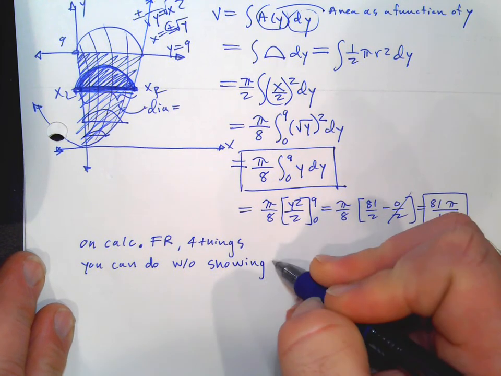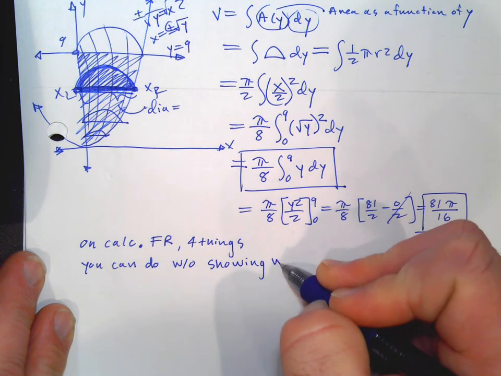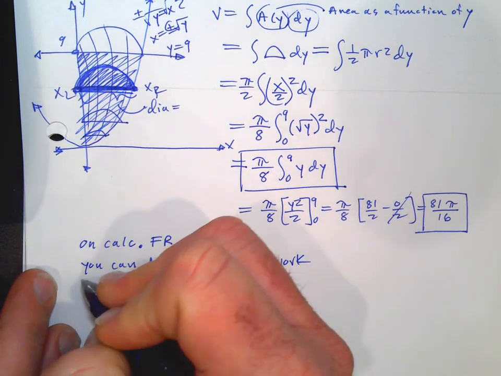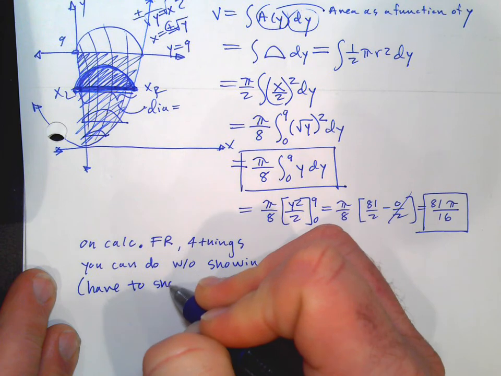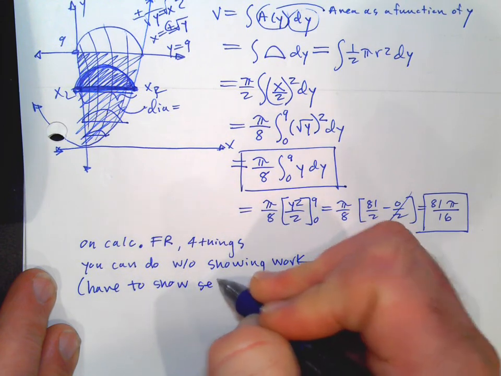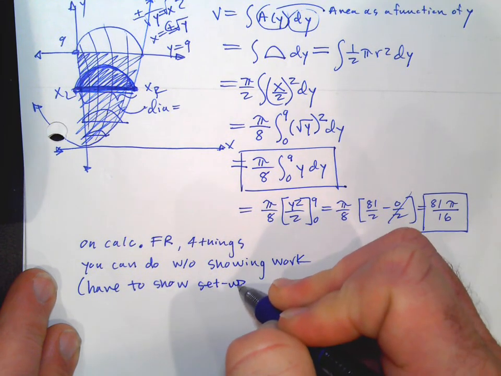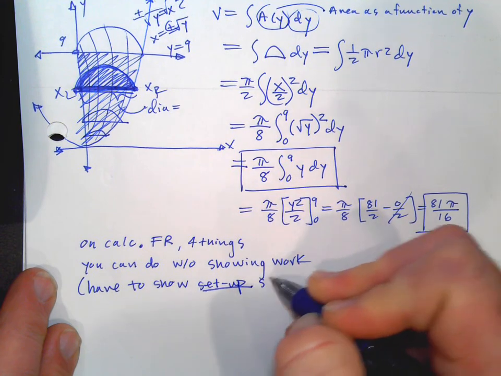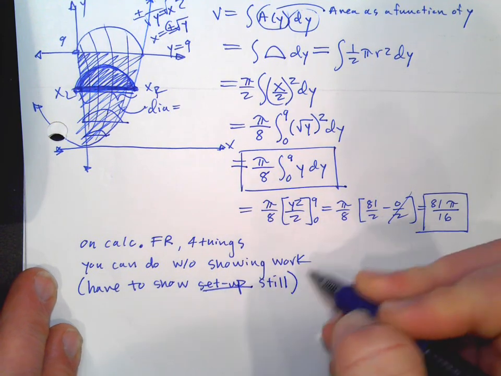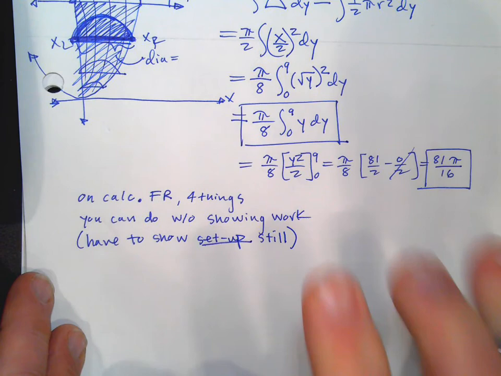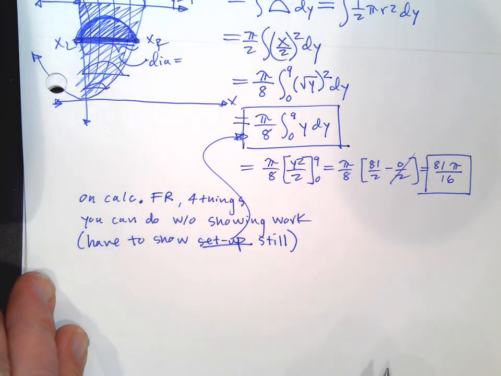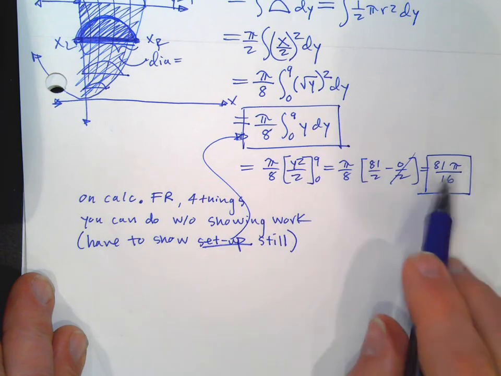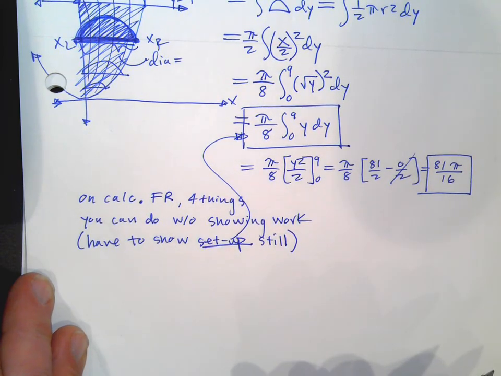You still have to show the setups. You don't have to write down what programs you use and this and that, but you got to show this. This is the setup right here, right? And then you could do all this in your calculator just by pressing some buttons.